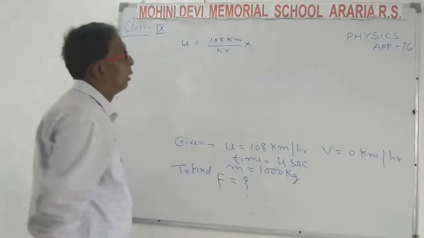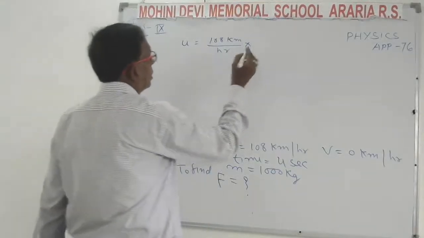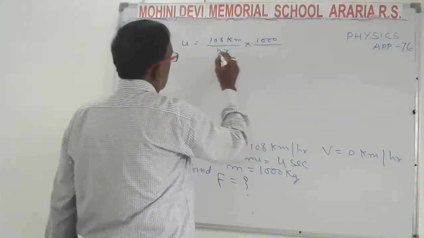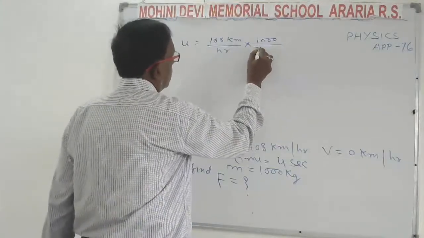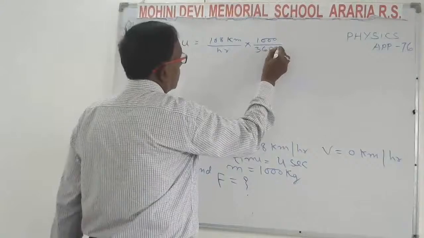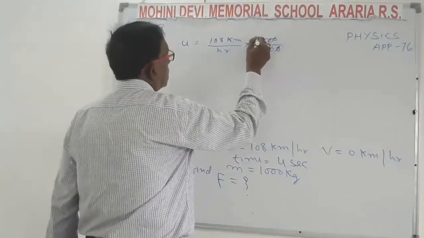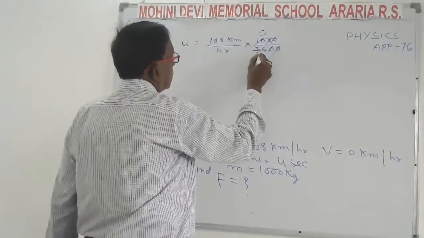To change kilometer, you multiply by 1000, and to change hour into seconds, you divide by 3600. This simplifies to 5 by 18.